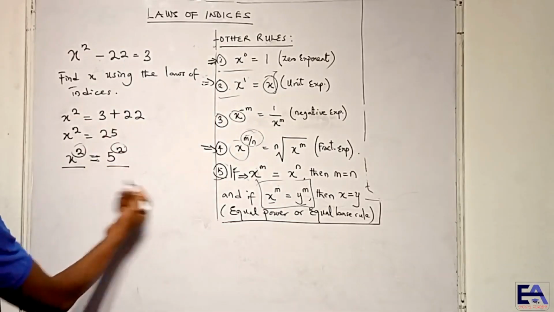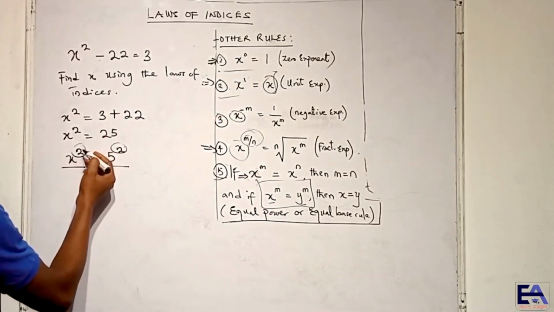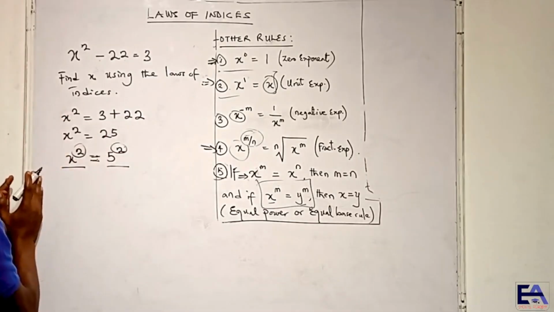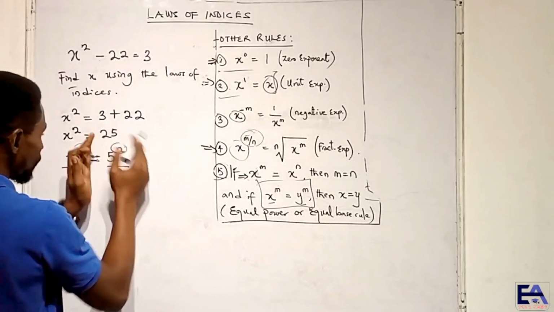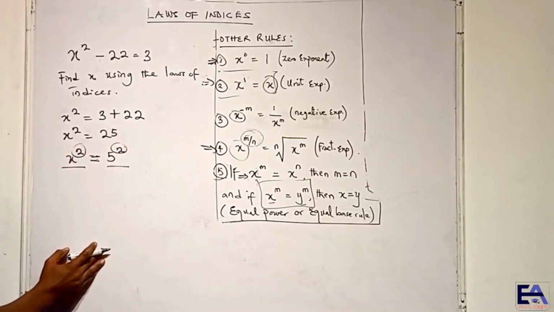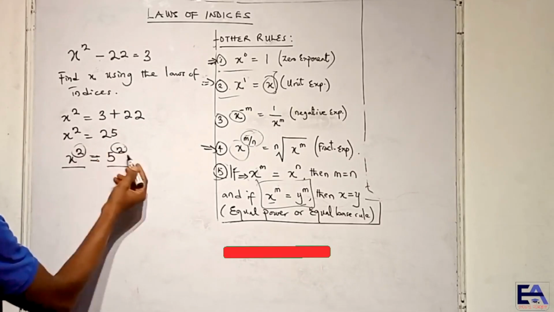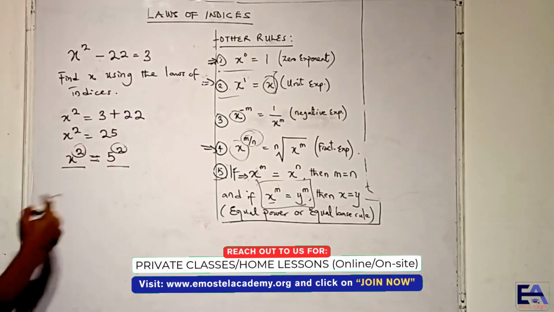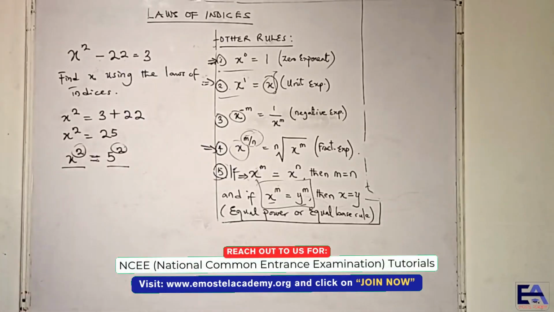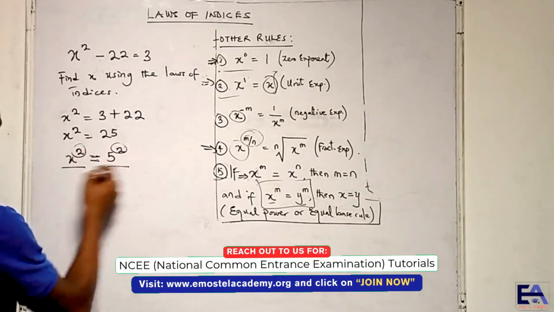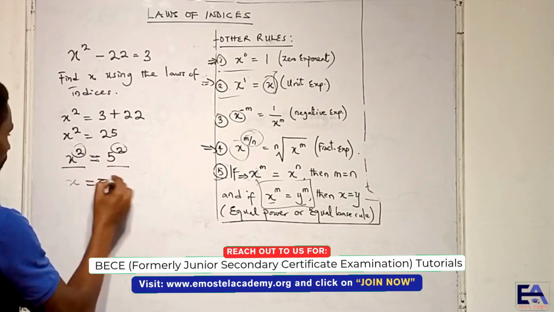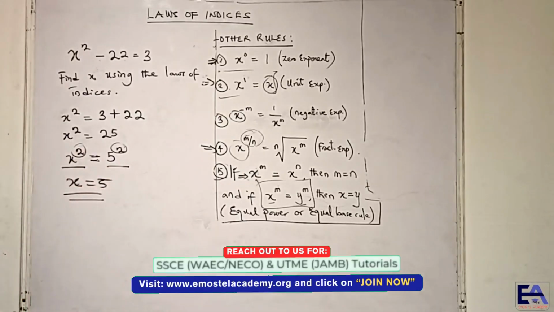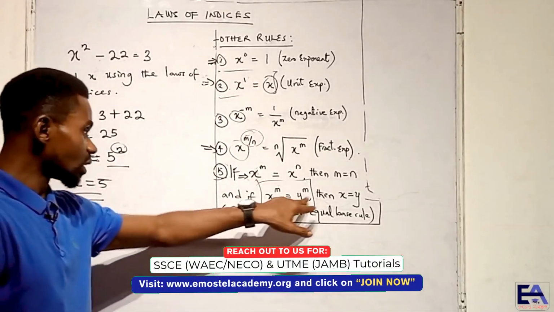As long as we have a single power overall on one side and a single power overall on the other side of the equation, and the two powers are the same, then mathematically the bases are also the same. So since they have the same power, just say x is equal to 5. What is the proof? They have the same power. That is the equal power rule.